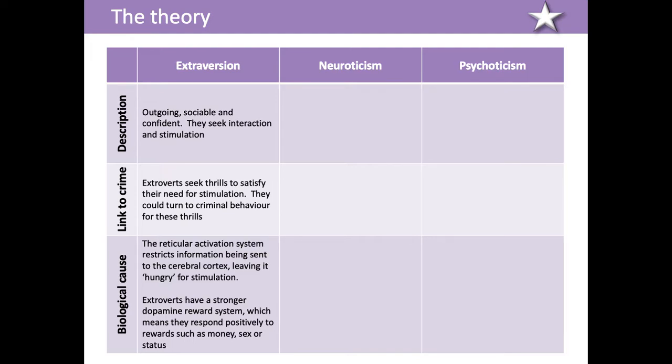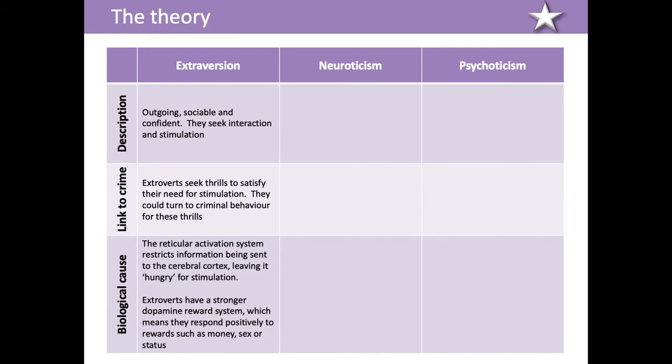Your dopamine reward system is the chemical in your brain that fires when you feel pleasure. So that might be when you eat chocolate, or when you do exercise, or when you get a reward. And extroverts have a stronger dopamine reward system, which means they respond positively to rewards, whether that's money, sex, or status.